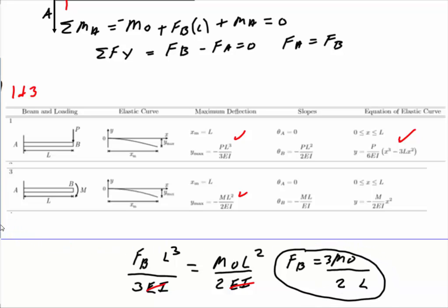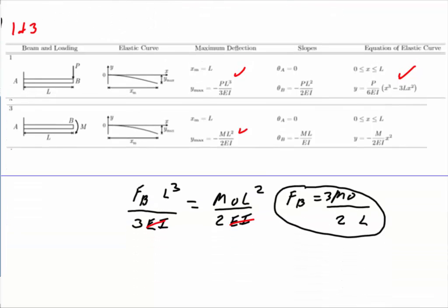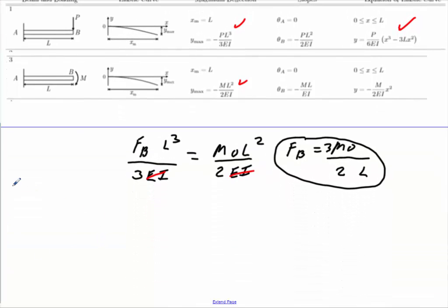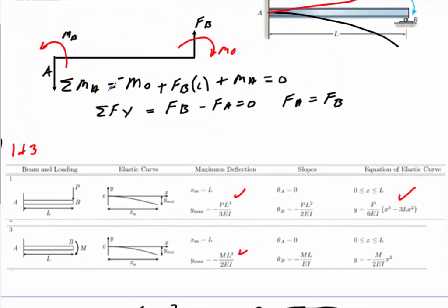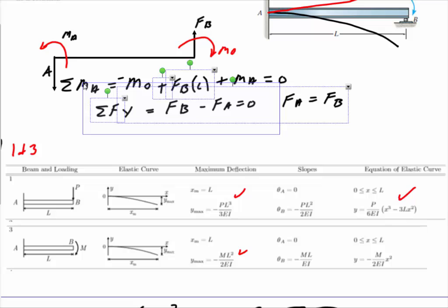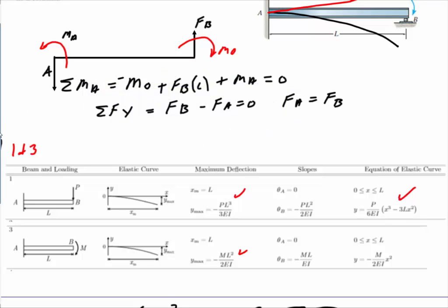Now all I have to do to find the reaction at A is go back to this equation right here. Let me try it one more time. I don't know what I'm getting. I'll rewrite it. Sorry.